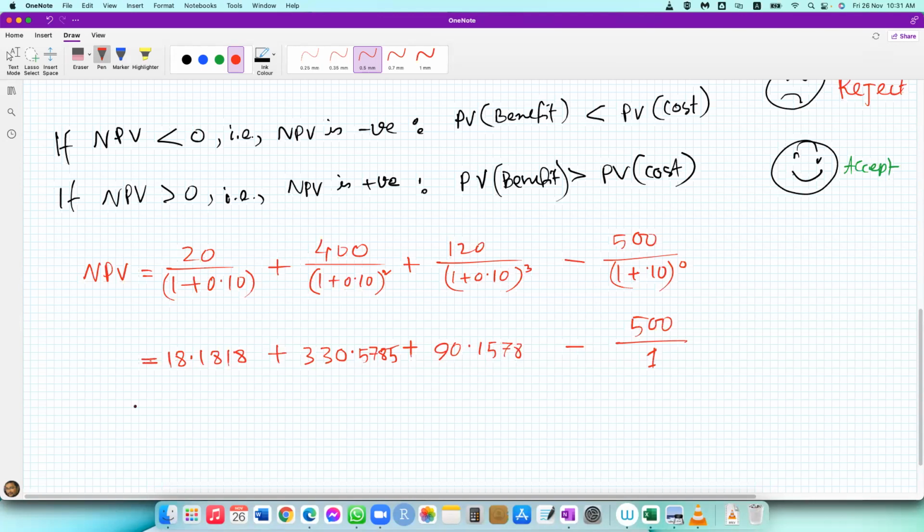Then this one is 500. So what is the sum of cash inflow, the present value of cash inflow, the sum of these three? Do it in the calculator. Minus 500.